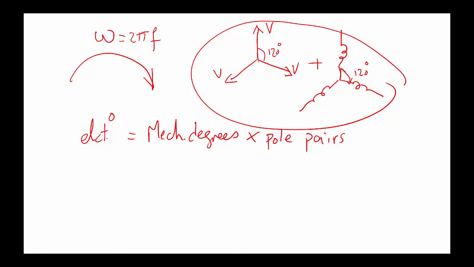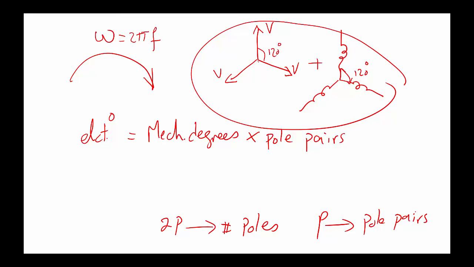I will use 2p equals number of poles, so p will be pole pairs. That's the notation I'm following in all this presentation and all the course.